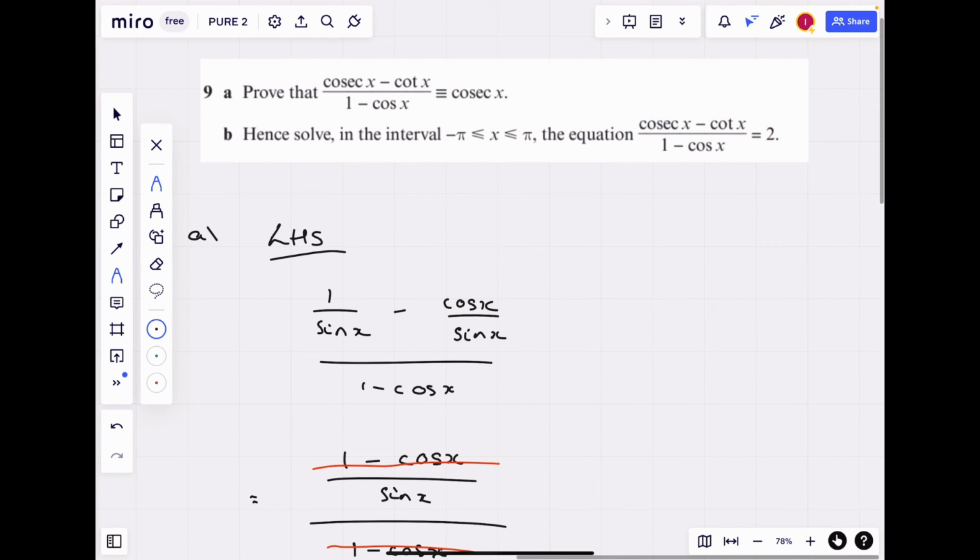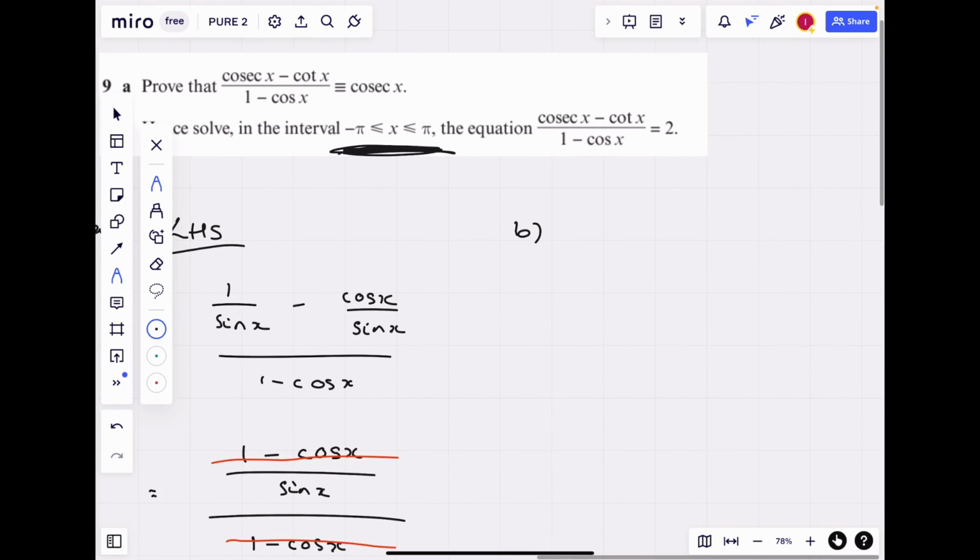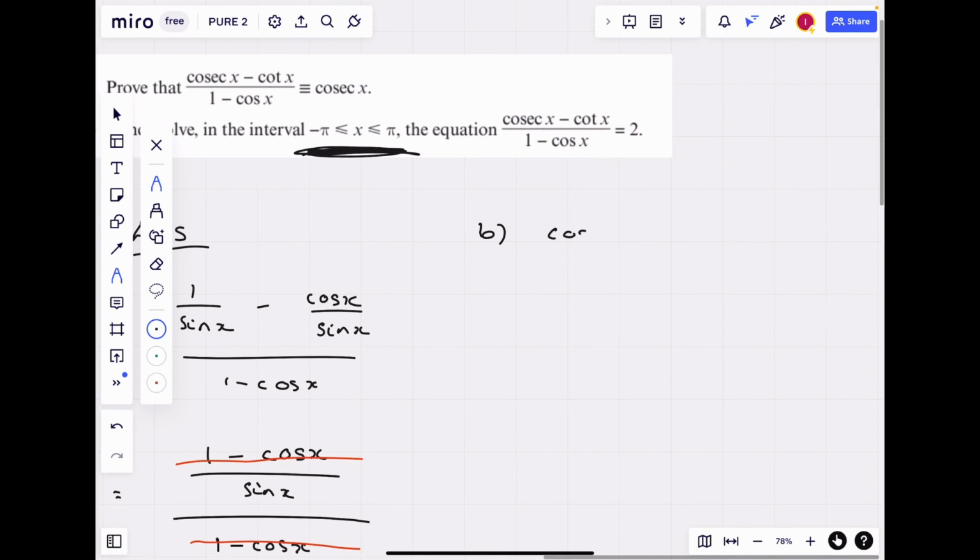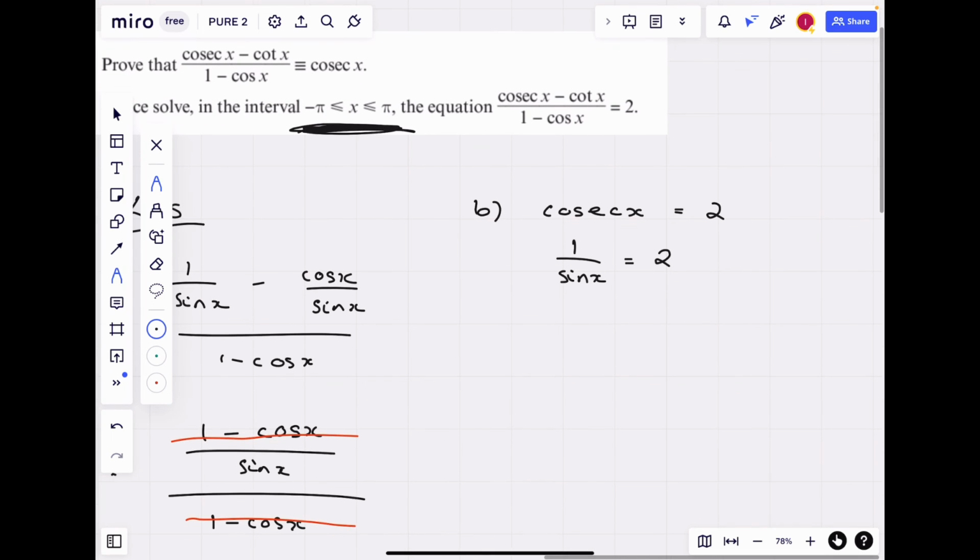Part B. Hence solve in the interval. Notice that it's in radians. Your fraction equals 2. Well, we know our fraction simplifies to cosec x. So we're going to make that equal to 2, which means 1 over sine is equal to 2.